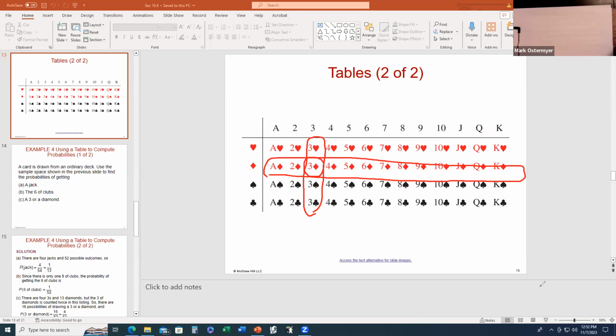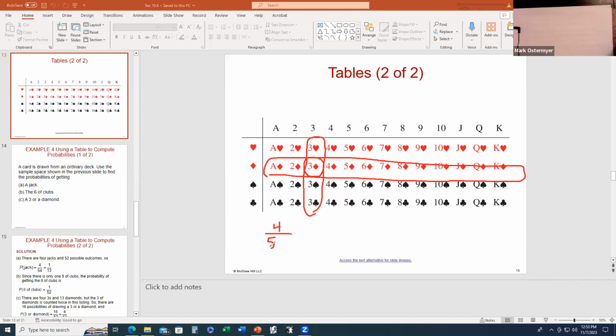And so, how many ways can we select a 3 or a diamond? Well, how many ways can we select a 3? It'd be 4 over 52.